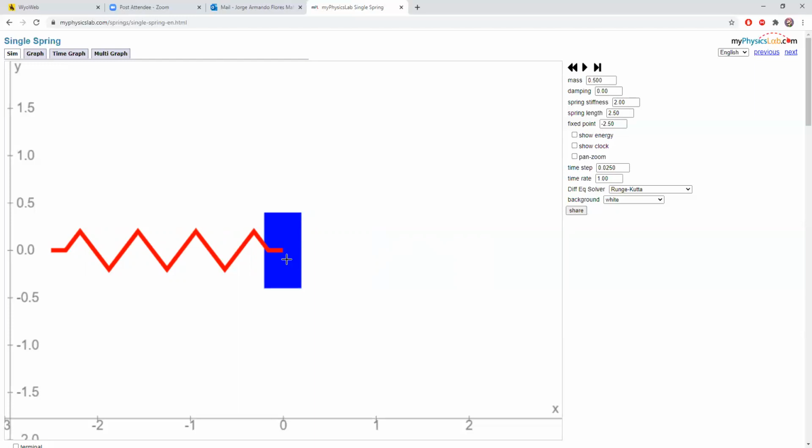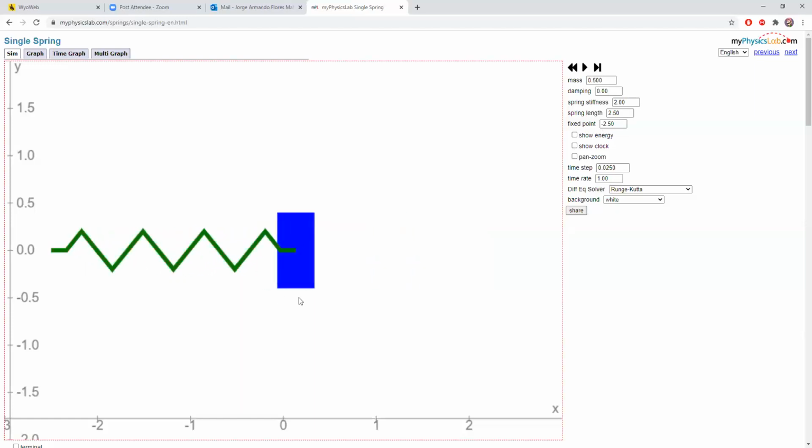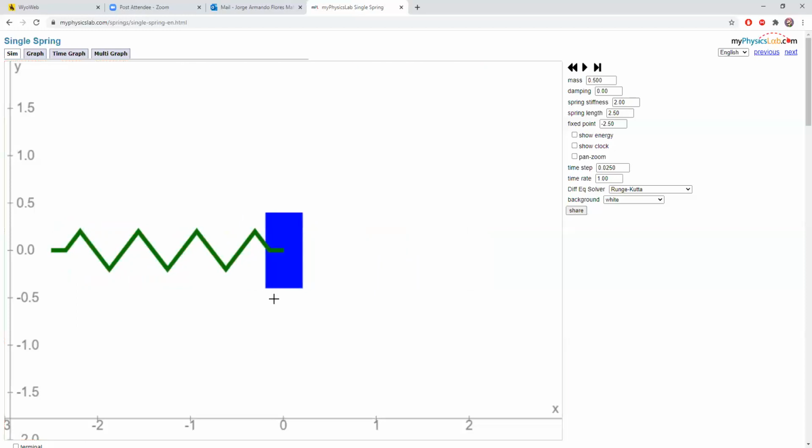If we were to look at the graph of this motion, which I'm going to show you in this simulation, it's going to look like a sine function, and the peaks or valleys are going to be closer together if the spring coefficient is larger, which is equivalent to saying that the period is smaller.